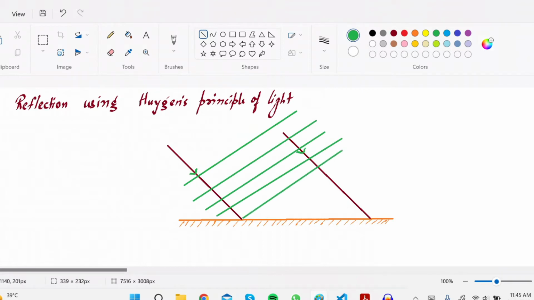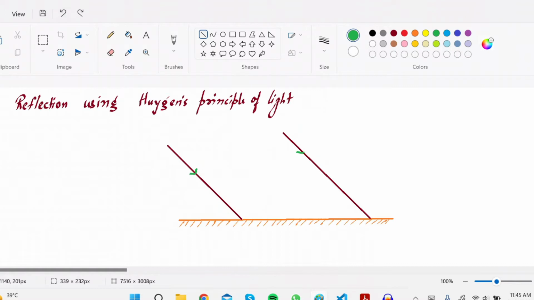Many such wavefronts. But which wavefront do we have to draw here? We have to draw the last incident wavefront, because the incident ray is coming and hitting here.